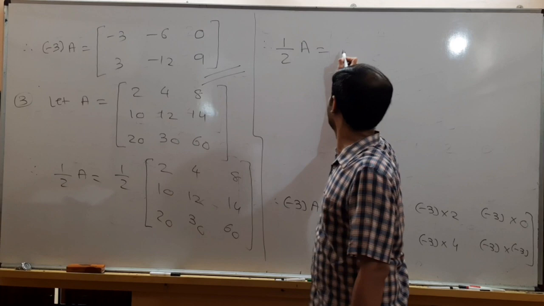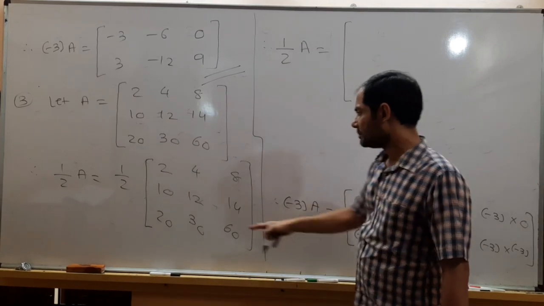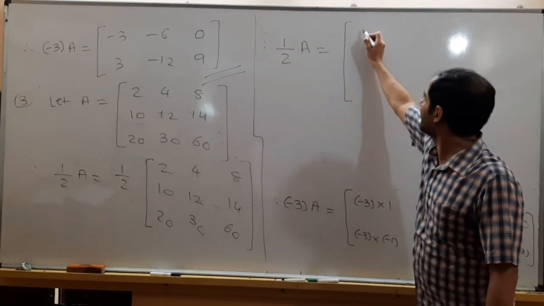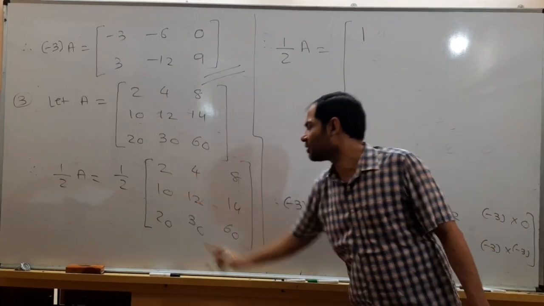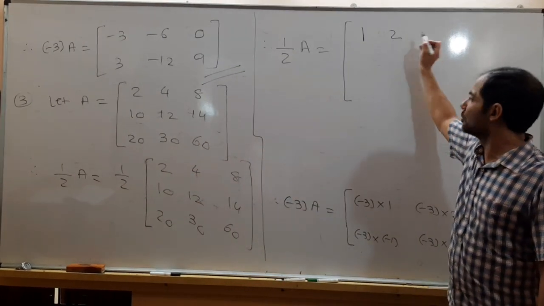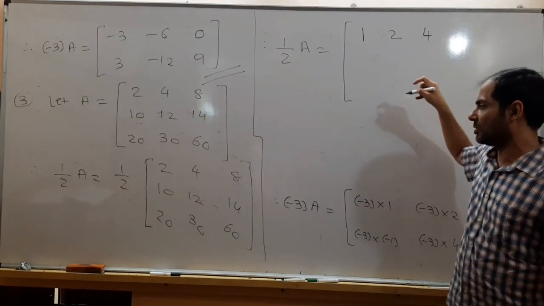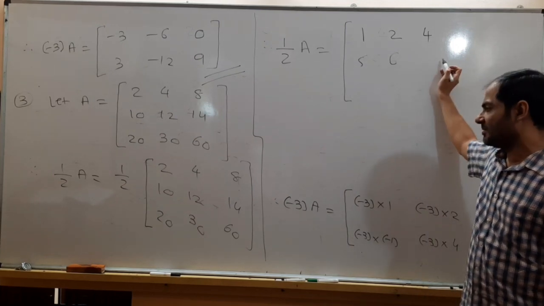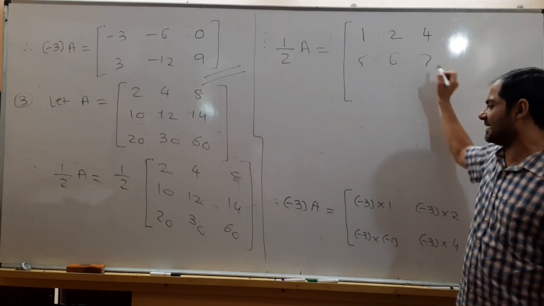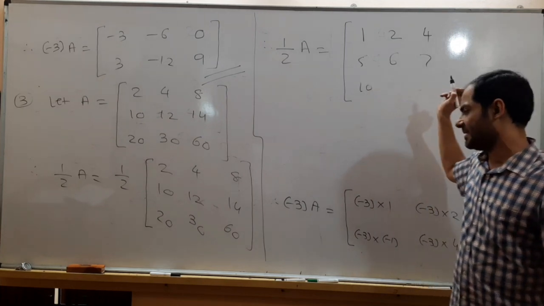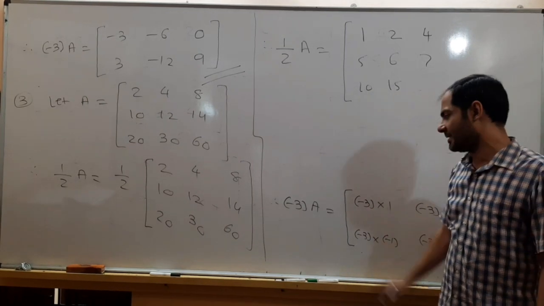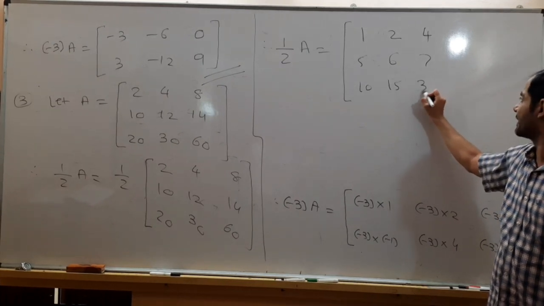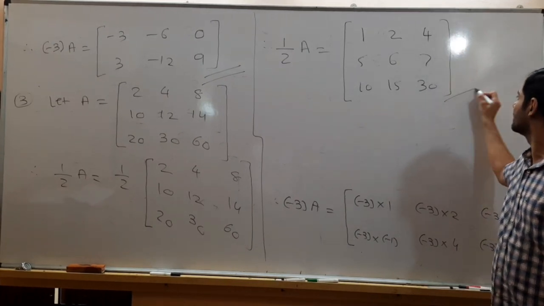Half into A will be: 2 into half is 1, 4 into half is 2, 8 into half is 4, 10 into half is 5, 12 into half is 6, 14 into half is 7, 20 into half is 10, 30 into half is 15, and 60 into half is 30. So there is the final answer.